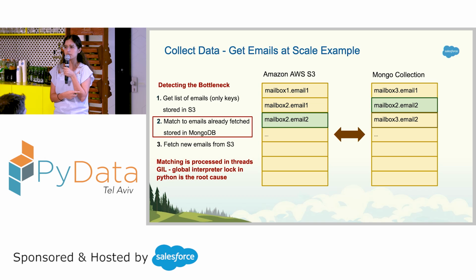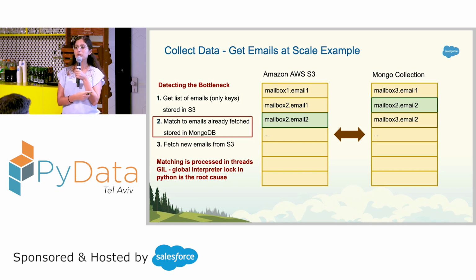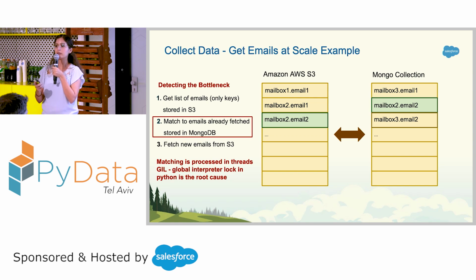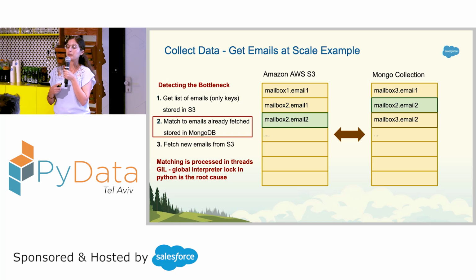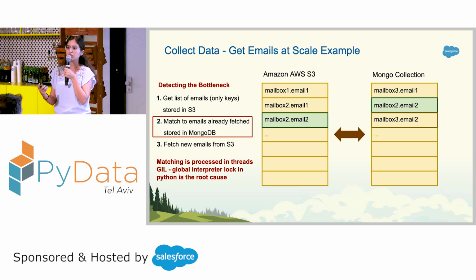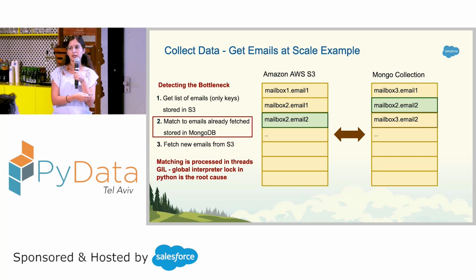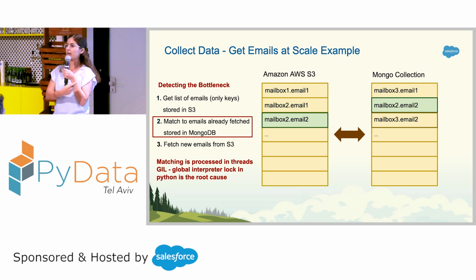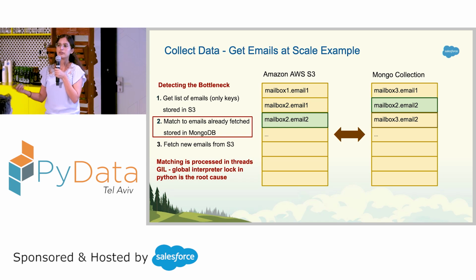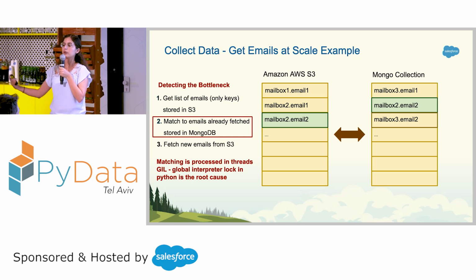The matching was processed using Python threads, and the global interpreter lock in Python was actually the root cause for this issue. The global interpreter lock, the GIL, prevents Python threads from executing Python code at the same time. But when a thread is waiting for an I/O operation, for example, then a different thread can take over and continue its execution.